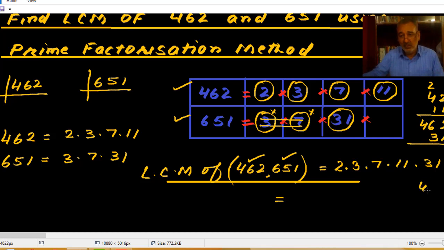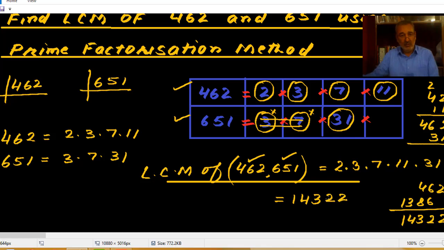I'm multiplying 462 by 31, and the answer is 14,322. You can check it out. 2 3 जा 6, 6 7 जा 42, 42 multiplied by 11, yes, I think it's right.